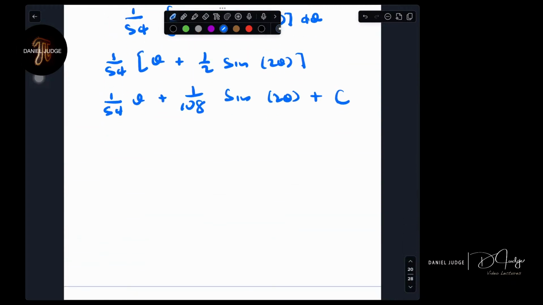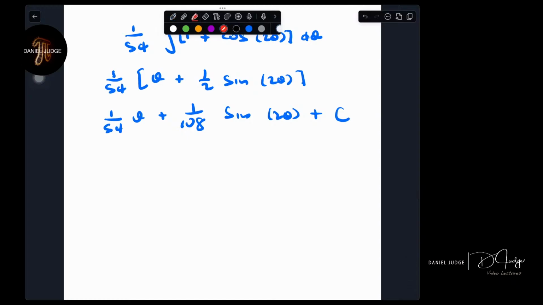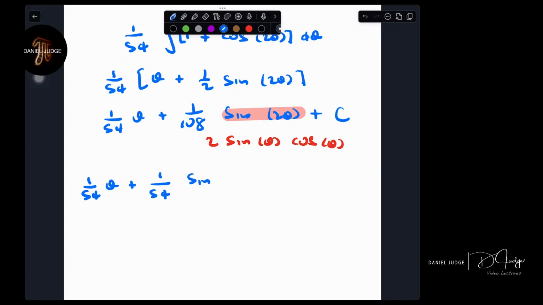Okay, so let's try to put this function in terms of the variable x. Before that, remember sine 2 theta is 2 sine theta cosine theta. So if I replace this, don't forget, that'll make my constant really 1 over 54 again, sine theta cosine theta plus C, because the numerator now would be a 2, and your denominator would be putting the 2 right up here.